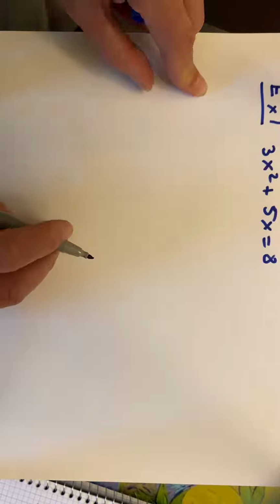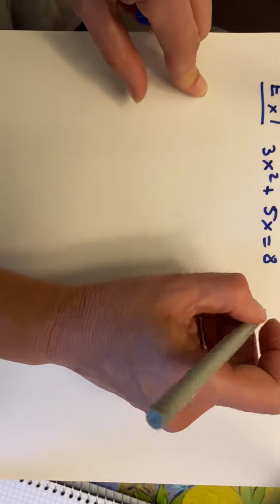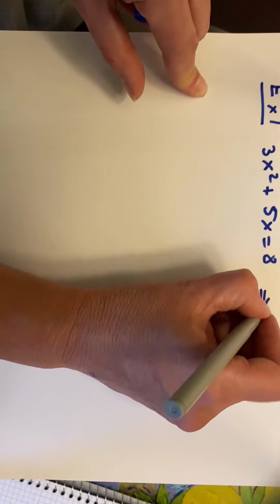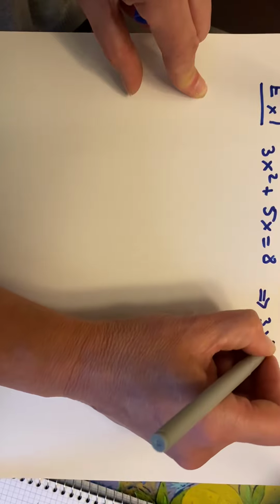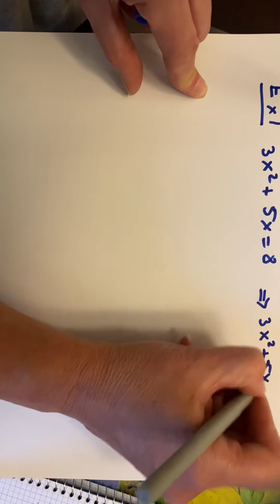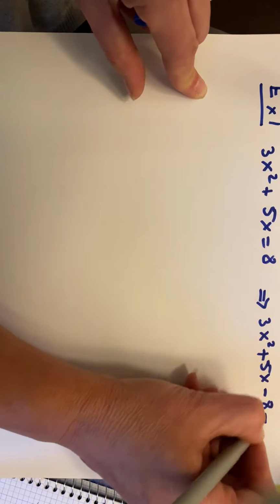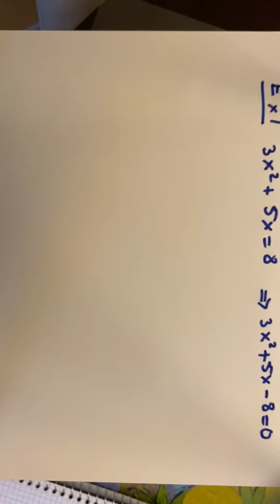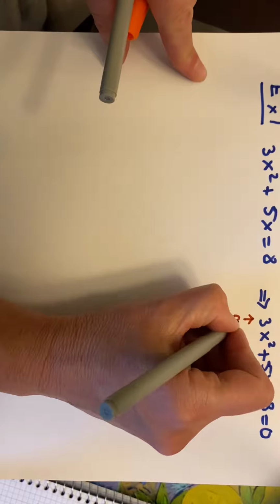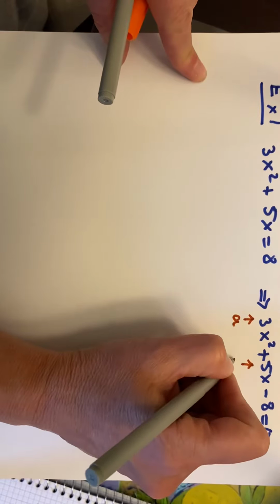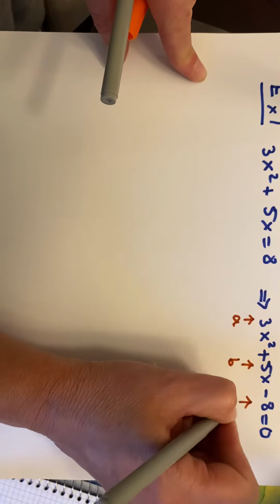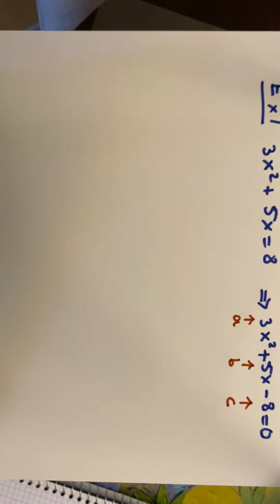Now this is not usable as is because we first need to set it equal to 0. So 3x squared plus 5x minus 8 equals 0. Now we can use it because we know that a is 3, b is 5, and c is negative 8.